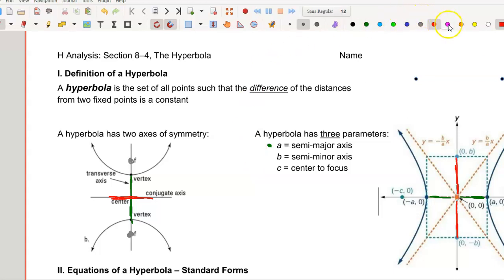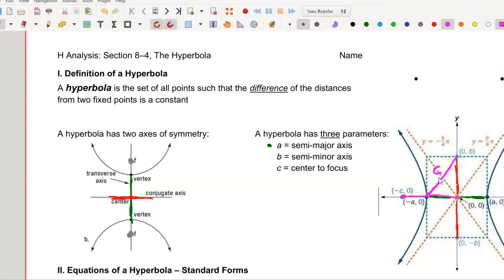And then we have the C value, which is going way out here, all the way to the center. Now this length right here happens to be the same length as this. There's a similar relationship with the ellipse. So now this is the C value, but in the ellipse, this was the A value.